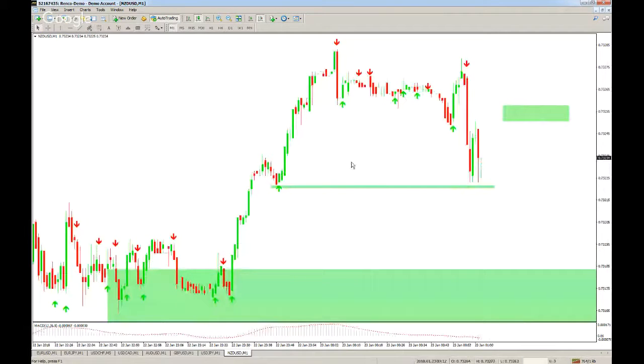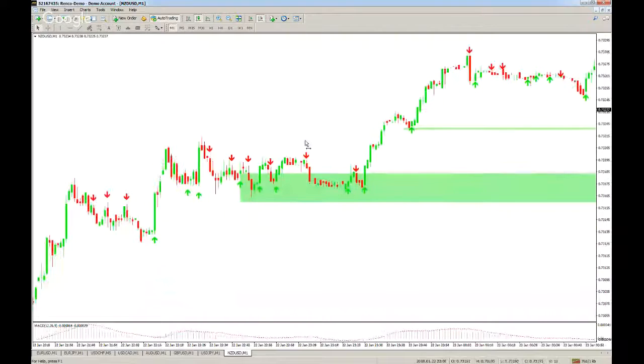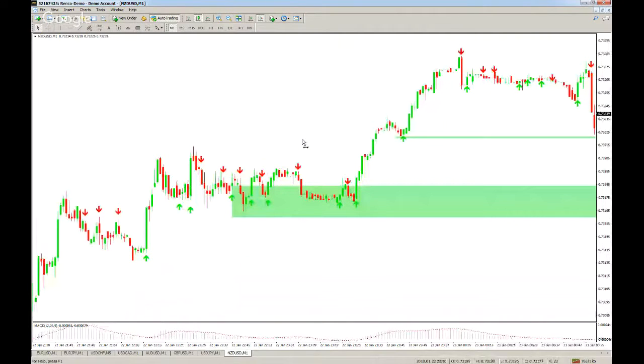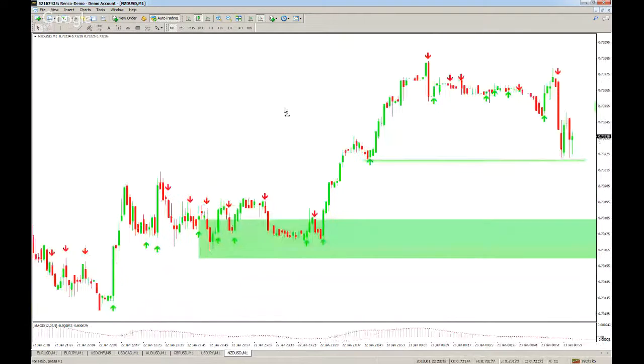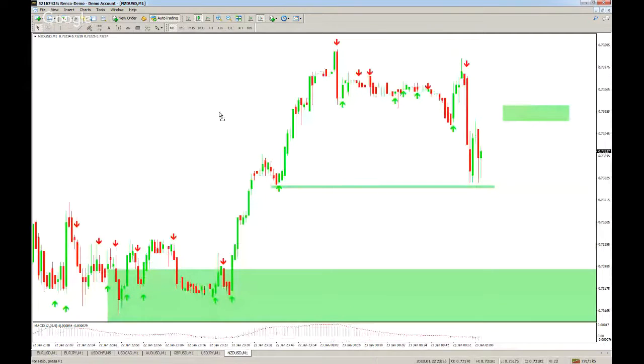See how that pretty much gets tested and violated. As you can see, these few bars have been respecting this pretty much microstructure support. Right. So we see what price action does there, and if it breaks it, to continue pressure move to the downside, right?